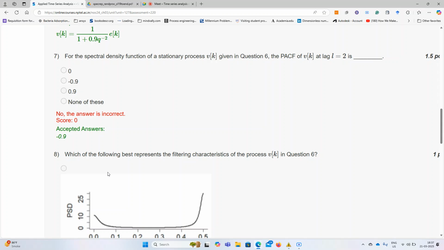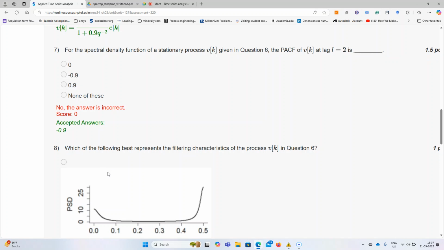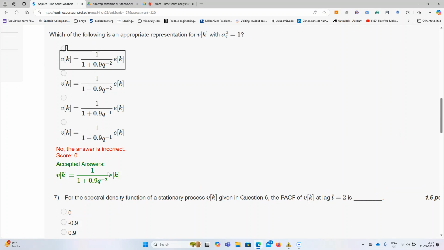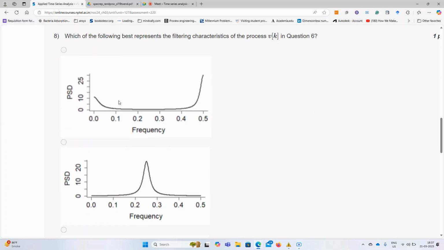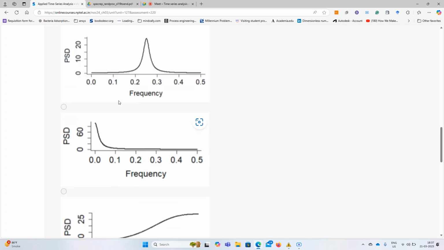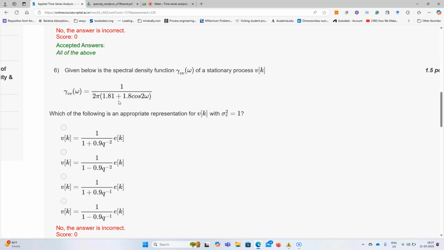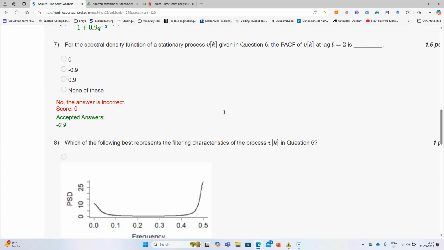Which of the following best represents the filtering characteristics of the process Vk in question 6? Now, in question 6, we have this here. First thing that you have to see is sigma square equals 1.